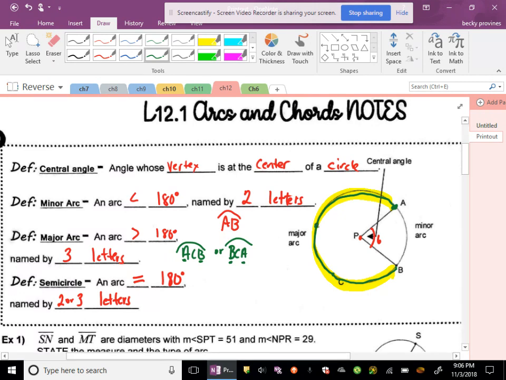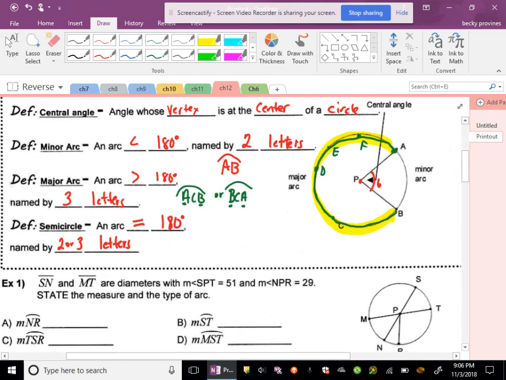I'm going to add some letters. What if there's a D and an E and maybe even an F? You just tell me any letter along that path. You would have to say the starting point, like A or B, 1 letter in between, and then the other endpoint. All right, so it's easier than what I'm probably making it out to be.